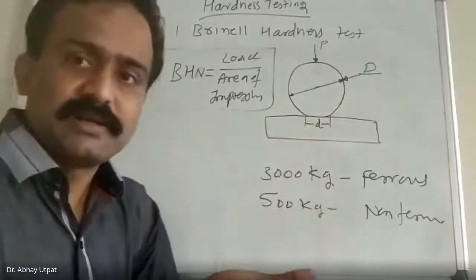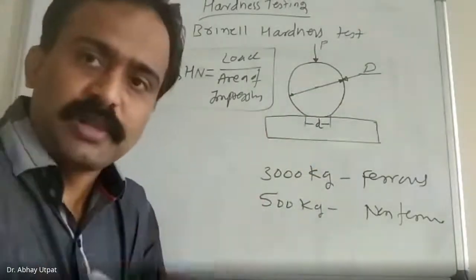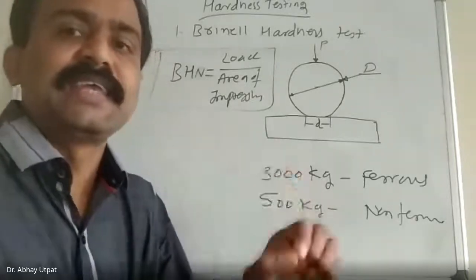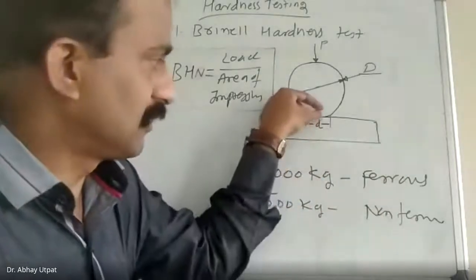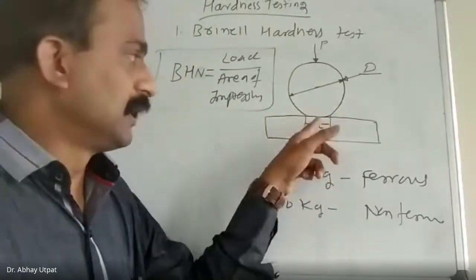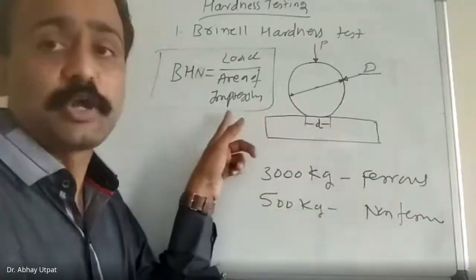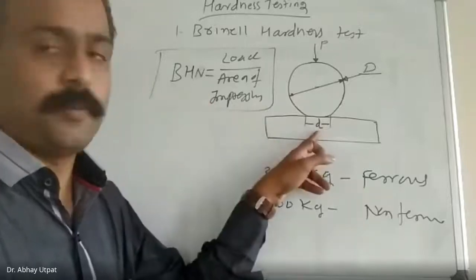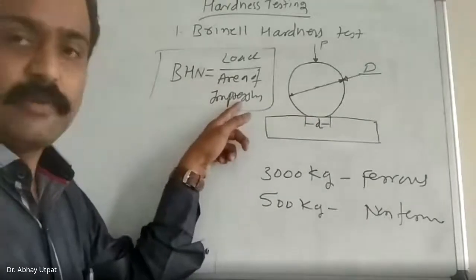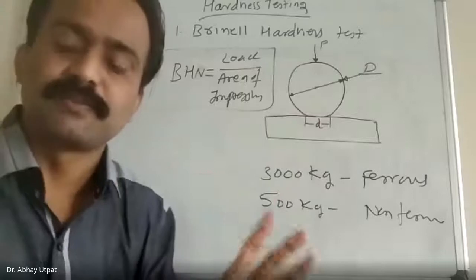The ball is a sphere, so it will produce a small cut sphere as the shape of impression, and that area is pi d h, where h is the height which the ball has inserted inside. So if d is larger, area is larger, and it is a denominator. So larger the value of d, smaller the value of hardness, and lesser the value of d, harder the material. And logically, hard material will give less impression.